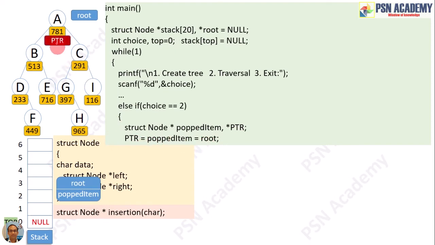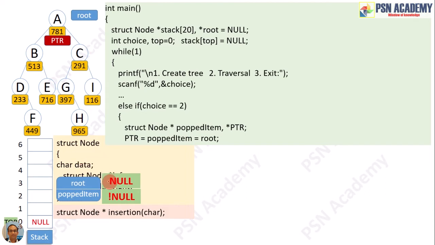The duty of the ptr is to handle the current node in the tree, and the duty of the popped item is to hold the address of the popped item from the stack. Now this popped item has been set to root for one reason. The popped item can take two values, one null and another is not null. Not null means there may be root, there may be left child, there may be right child.